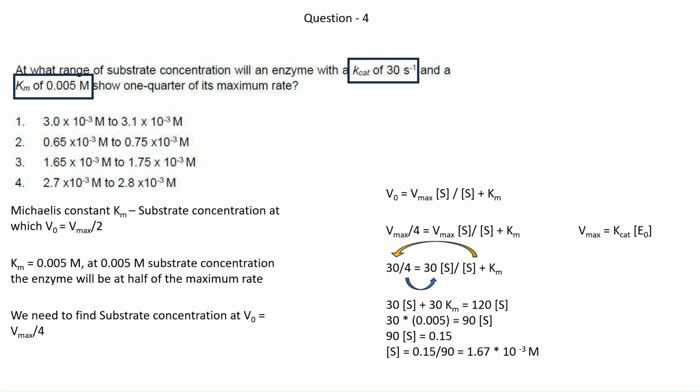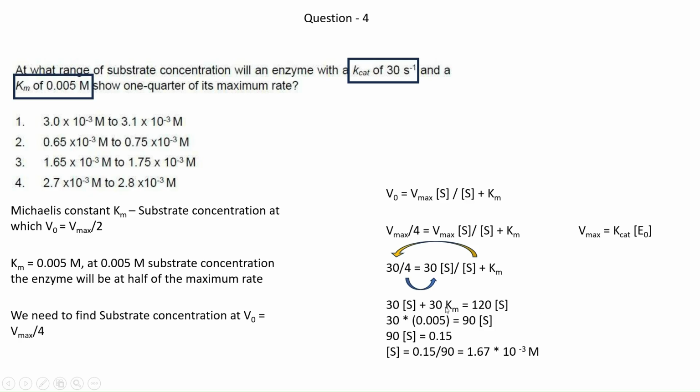On the left hand side of the equation, the denominator 4 will go to the right hand side, and the denominator of the right hand side will go to the left hand side for cross multiplication, and we'll get the equation 30 into substrate concentration plus 30 into Km equals 120 into substrate concentration.